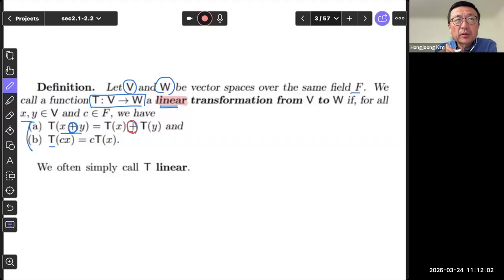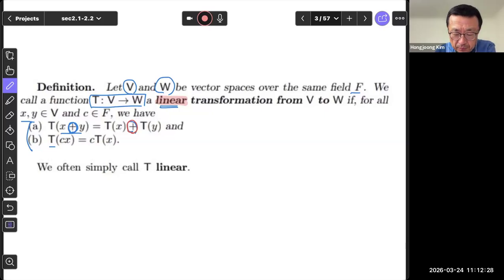So the requirement A says you can perform the addition in the domain and then consider the mapping T, or you can consider the images of x and y and then consider their summation in the codomain. Either way, you must have the same result.